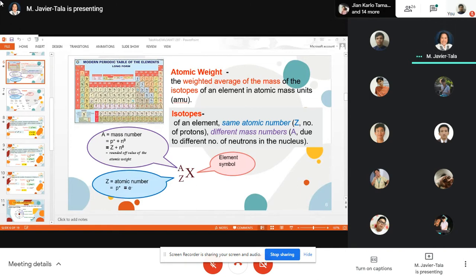Again, the atomic masses you see in your periodic table are dependent on the nucleus, and it is for that reason that your mass number is equivalent to the sum of your protons and your neutrons. And as I have mentioned before, your protons are equivalent to your electrons, which is equivalent to your atomic number. That's why A is equivalent to Z plus neutrons, because the Z is equivalent to your atomic number, which is also equivalent to your protons and your electrons.